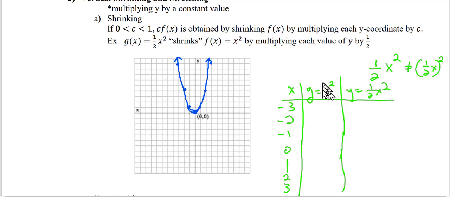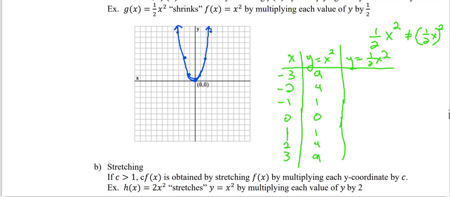On the y equals x squared, we get 9, 4, 1, 0, 1, 4, 9, because those are what happens when you square each of those x values. Now when we do 1/2 of that, we get 9/2, we get 2, we get 1/2, we get 0, and then repeat those, 1/2, 2, 9/2.